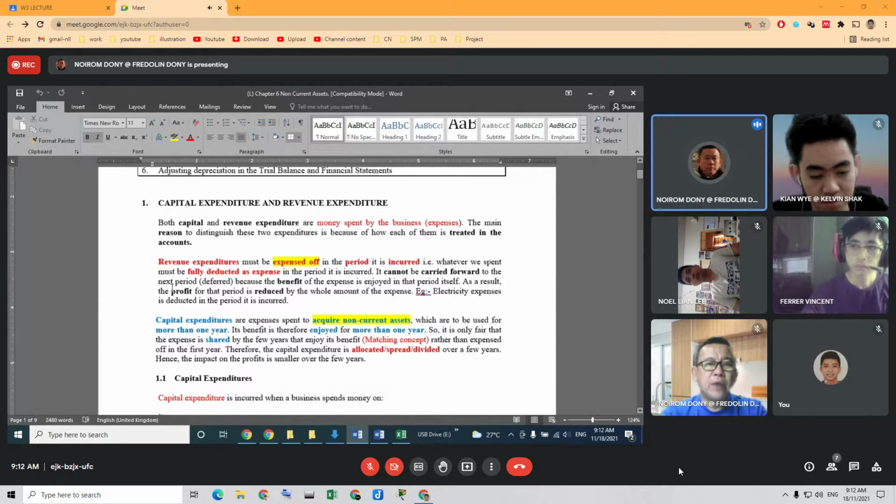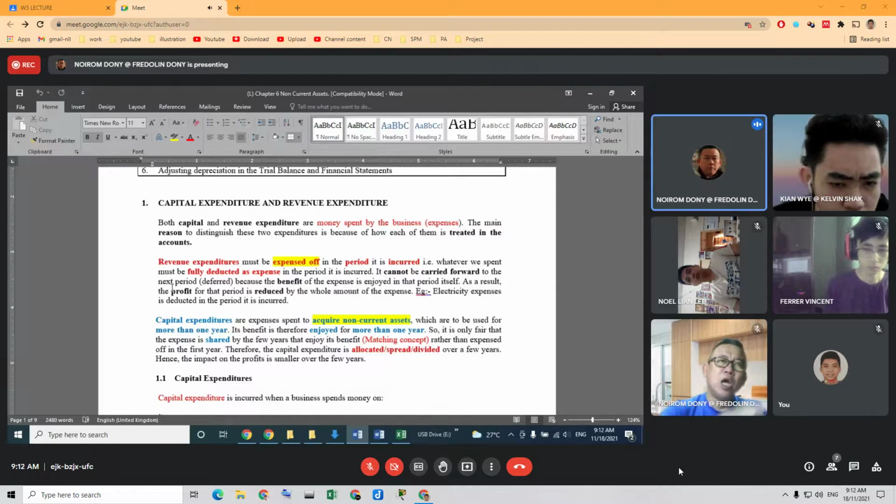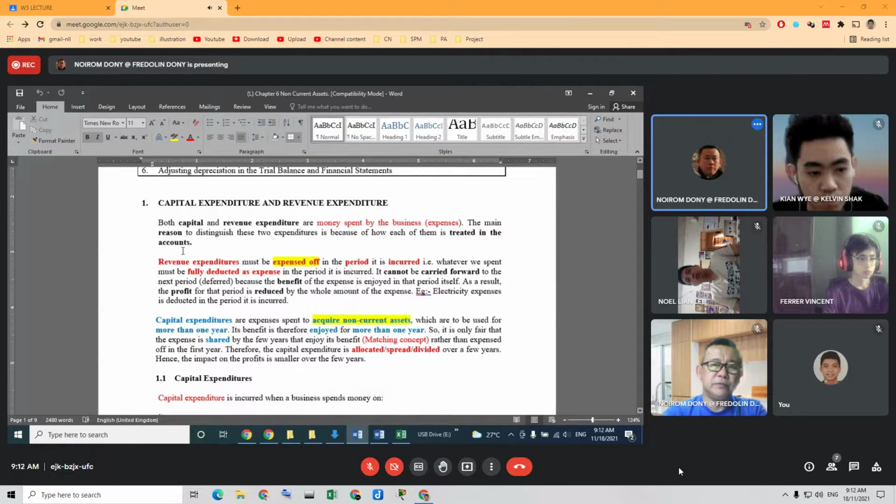Now, revenue expenditure must be expensed off in the period it is incurred. What is the meaning of expense off? It means we put it into the expenses account, and it is treated as an expense that is closed off and posted to the statement of profit or loss in the period it was incurred.